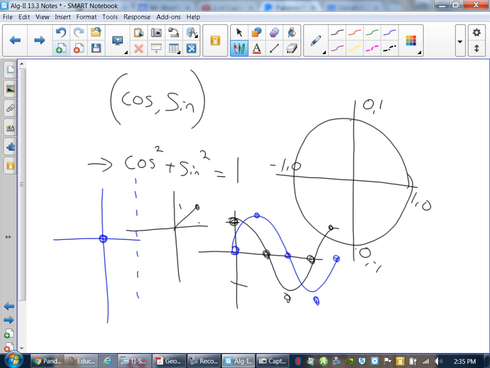Here it's back to negative 1, which is undefined. So what we do is graph tangent in between. Somewhere in between, what degree measure has a tangent that's the same on both sides? 45, because the tangent of 45 is always 1. The tangent of negative 45 would be negative 1. So tangent does this.